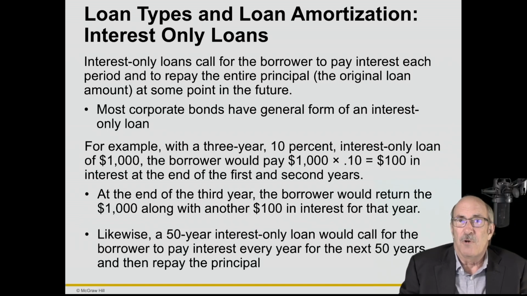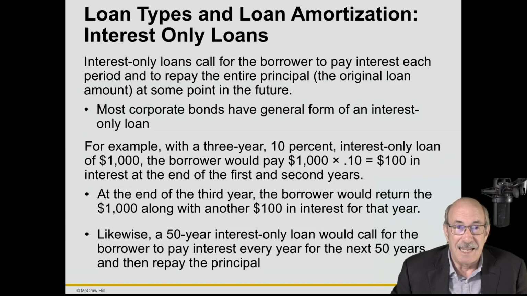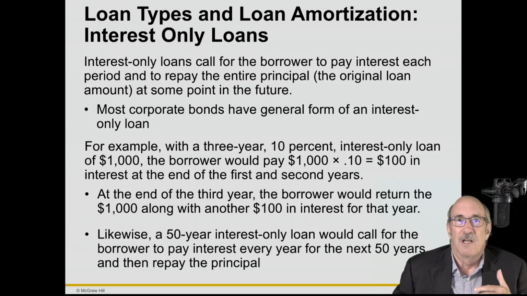Another type of loan would be a loan very much like what corporate bonds are. A typical corporate bond, a debenture, is an interest-only loan. So the company is only paying interest during the life of the loan. They borrow $1 million, they pay interest at whatever frequency. Sometimes it's semi-annual, sometimes it's quarterly, and they pay interest over that period.